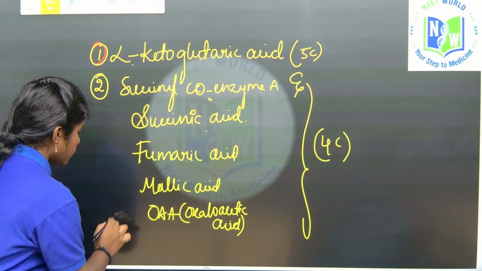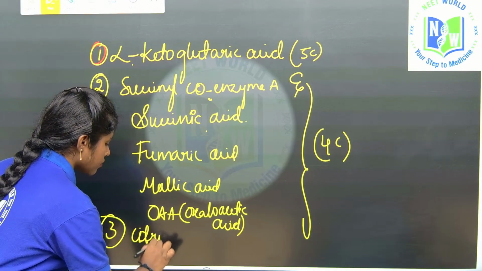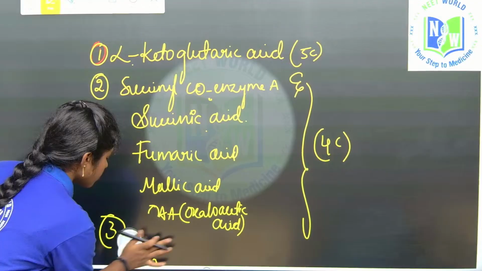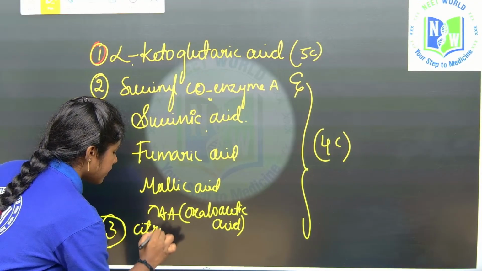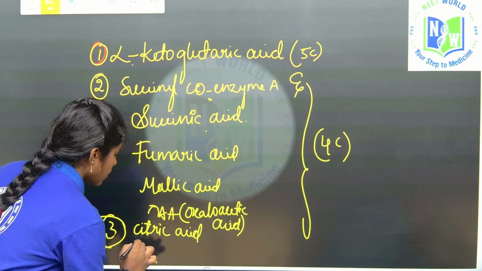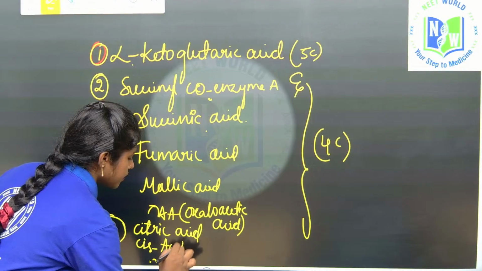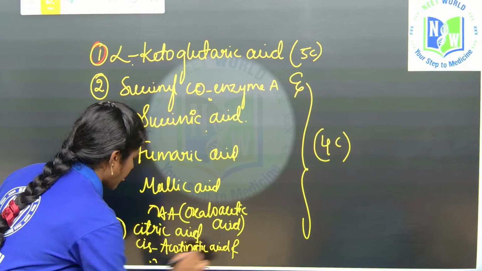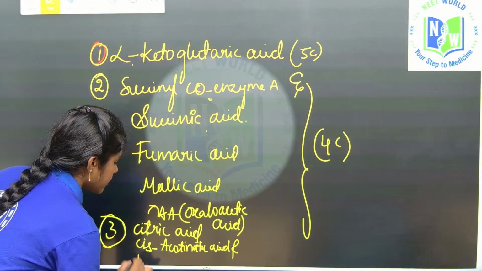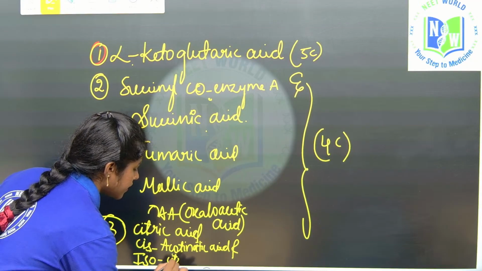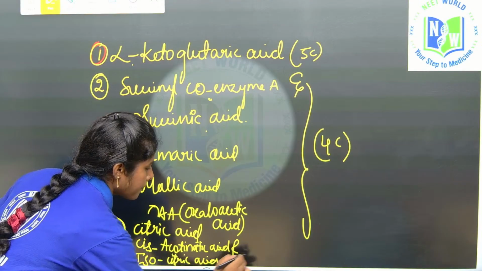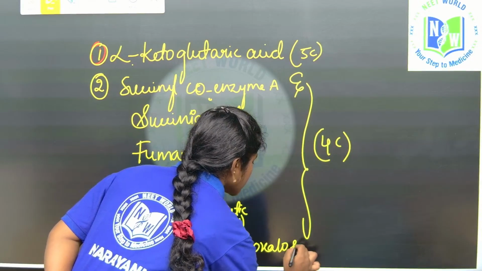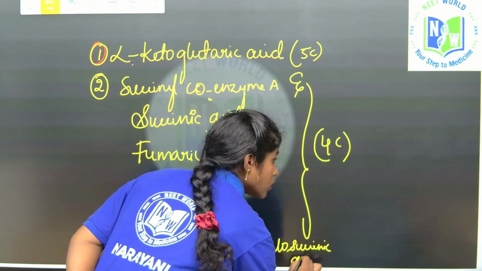And what are the 6 carbon compounds? That is citric acid, cis-aconitic acid, isocitric acid and oxalosuccinic acid.